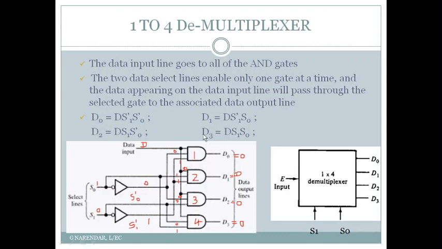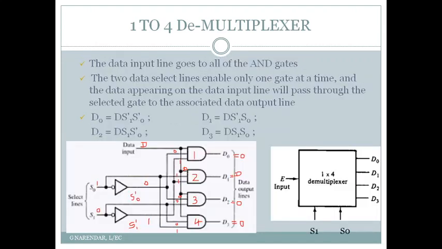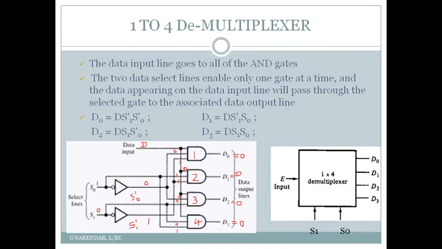And after that, these Boolean expressions for the outputs are realized by using basic logic gates. So we have checked the working of the 1 to 4 demultiplexer, for which we have drawn the logic circuit diagram.